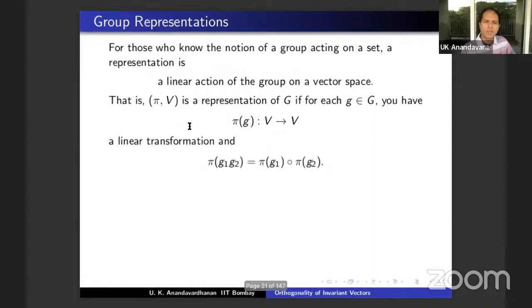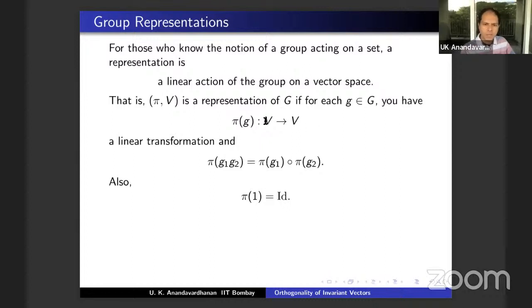So π(g) is a linear transformation. And moreover, π(g1 g2) is the composition of these two operators, π(g2) followed by π(g1). And you also demand that π at the identity element of the group is the identity linear operator, the identity transformation.